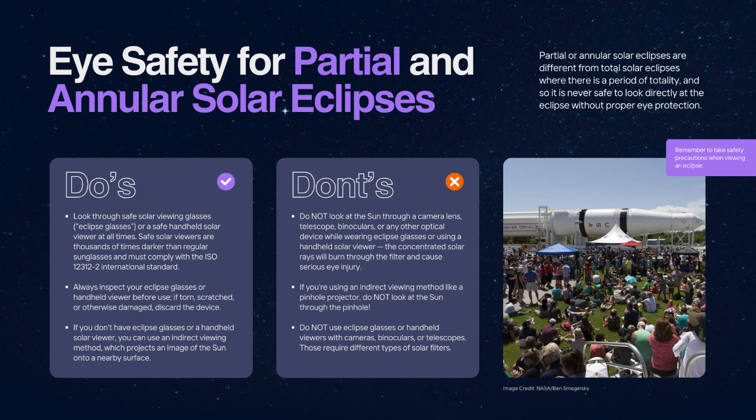Do not use eclipse glasses or handheld viewers with cameras, binoculars, or telescopes. Those require different types of solar filters. Partial or annular solar eclipses are different from total solar eclipses where there is a period of totality, and so it is never safe to look directly at the eclipse without proper eye protection.